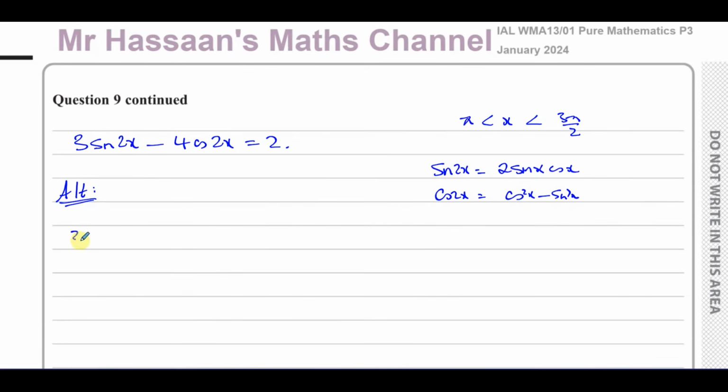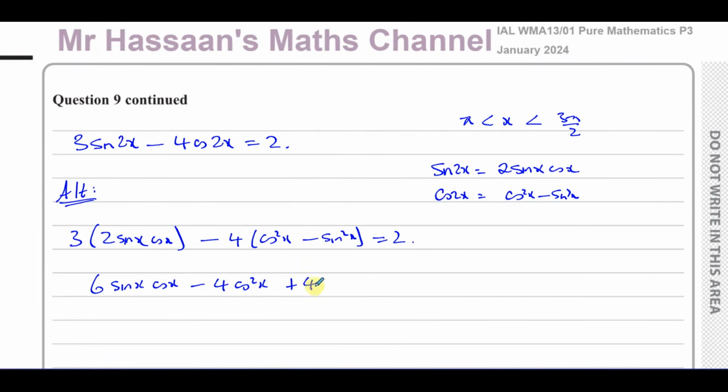So this will be 3 times 2 sine x cosine x minus 4 times cosine squared x minus sine squared x equals 2. That gives us 6 sine x cosine x minus 4 cosine squared x plus 4 sine squared x equals 2.